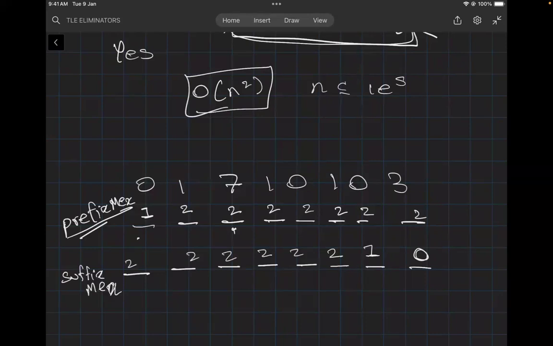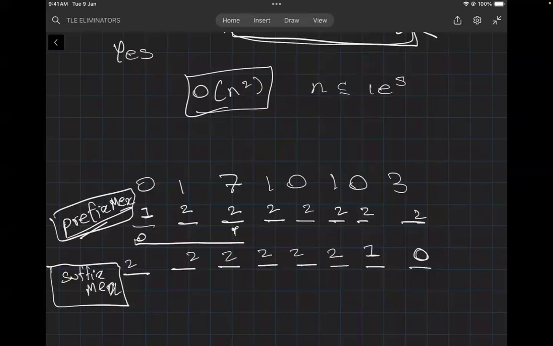Okay. Prefix max stores, let's say at index I, what is the max from index 0 to index I, and suffix max stores, let's say from index I to index n minus 1, what is the max. And how do we check if there is a split?